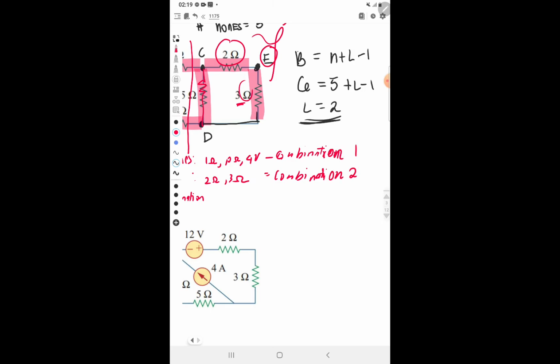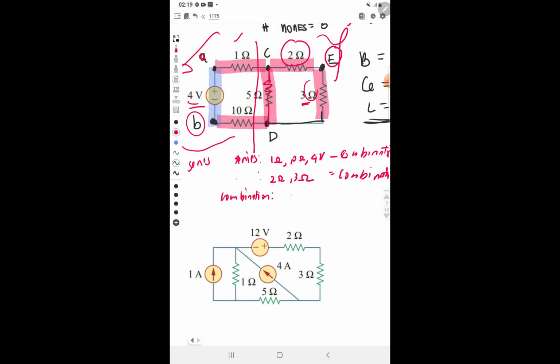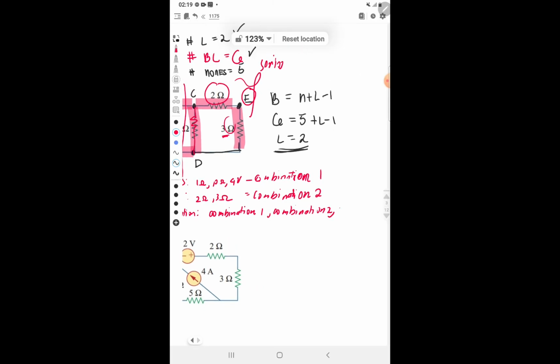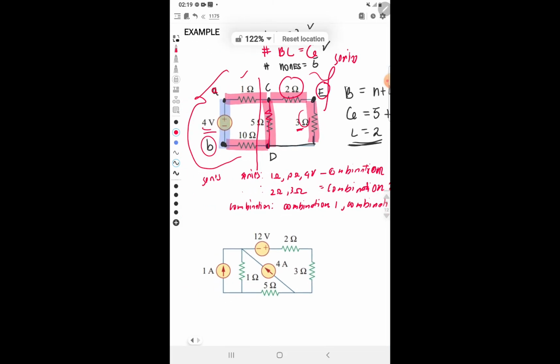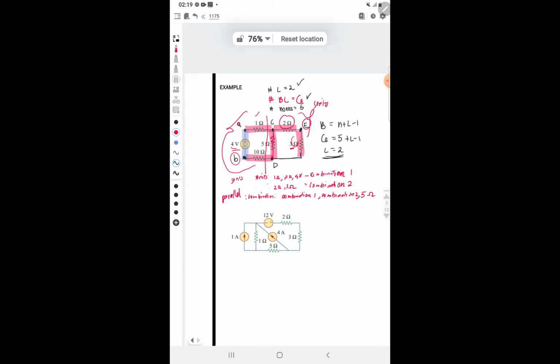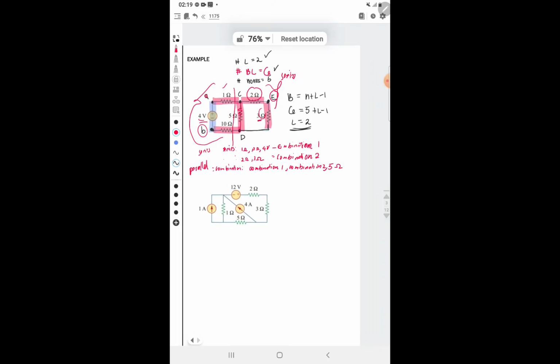So we will say that combination 1, combination 2, and 5 ohm are connected in parallel. Okay?